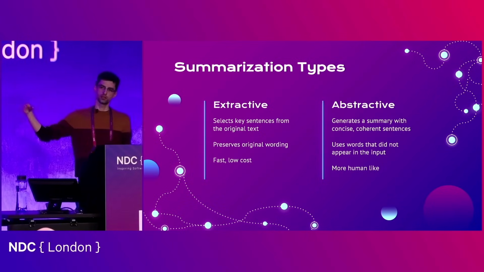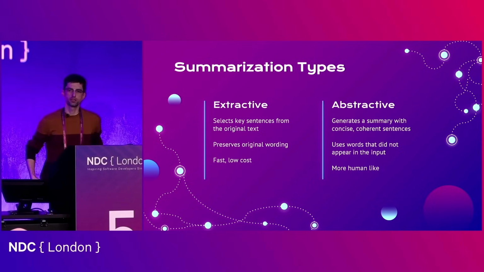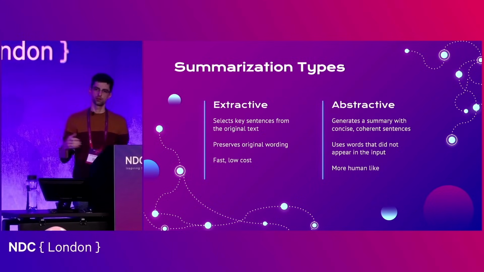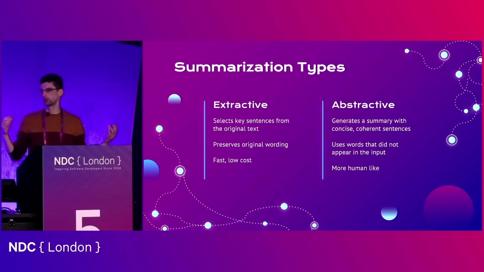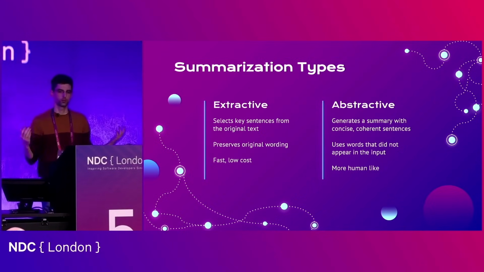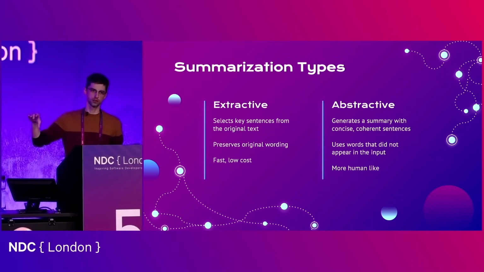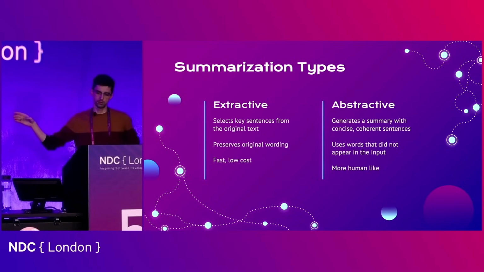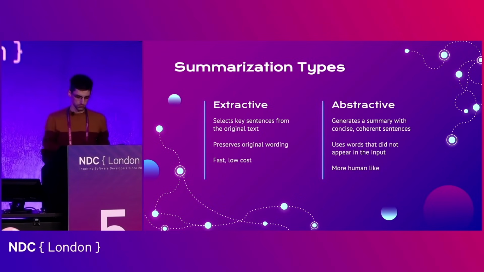It's faster and cheaper. With abstractive summarization, it will generate a new summary from the text that we give, so it will sound more like a human. In the first case, we get exact sentences from the text, and in the case of abstractive summarization, it generates new text.